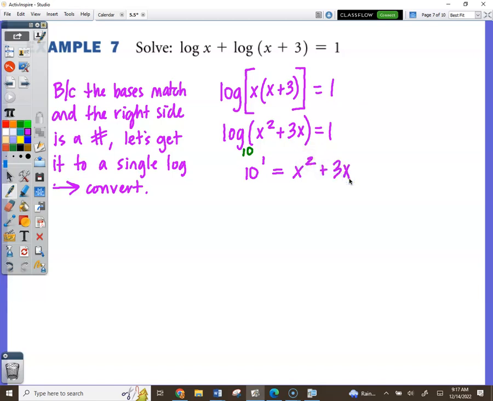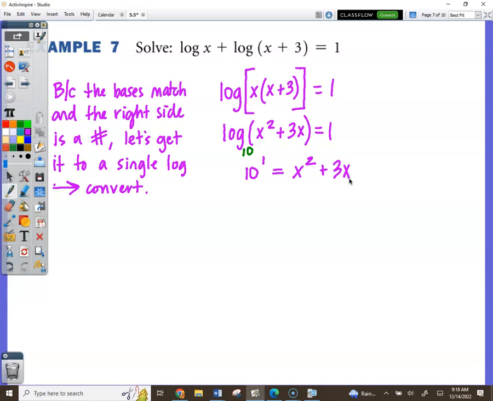So remember the conversion. The base of the log is the base of the exponent, and the other two pieces just switch, right? What is 10 to the first power? 10. Now you have a quadratic.